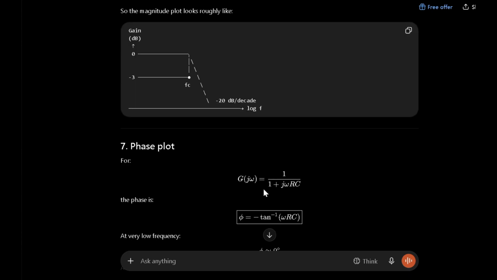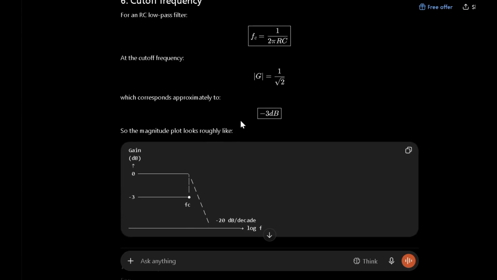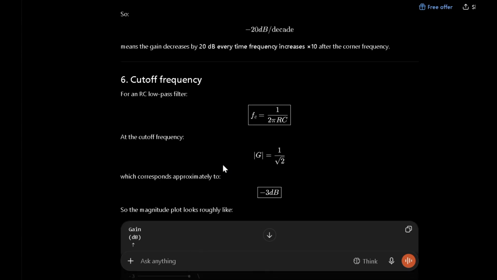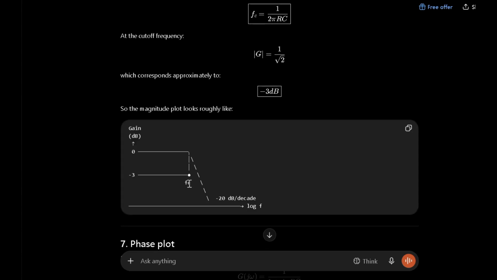So this is the RC low pass filter, and the formula is fc equals 1 by 2 pi RC.